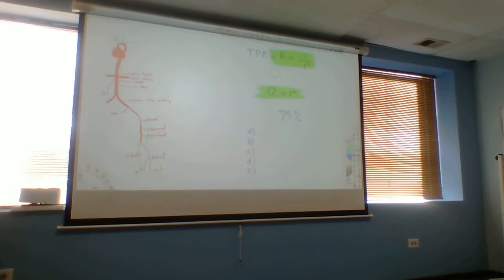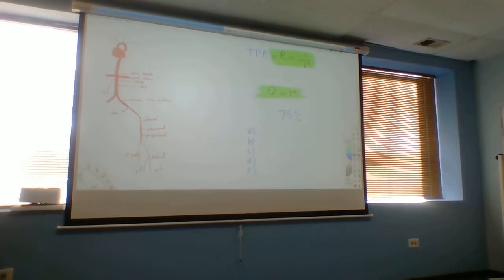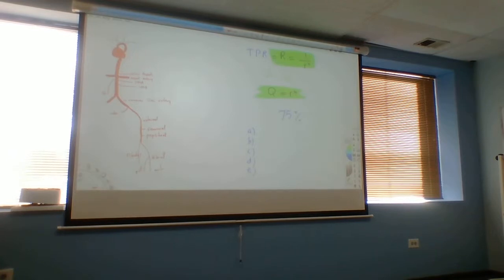You can also keep this in mind too. So Q equals 1 over resistance, but it's directly related to radius. The bigger the radius, the bigger the diameter of the artery, the easier it is for blood to flow, so blood flow will increase. The bigger highway you have, 20 lanes, traffic is going to go faster and easier.